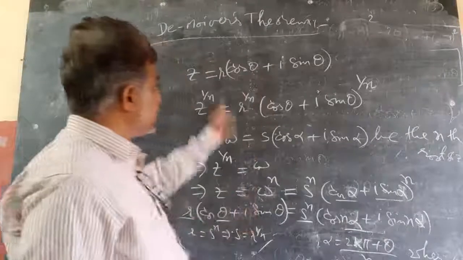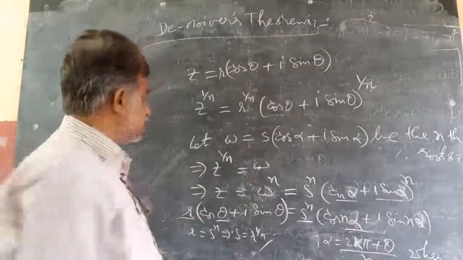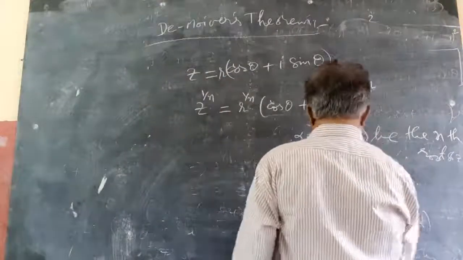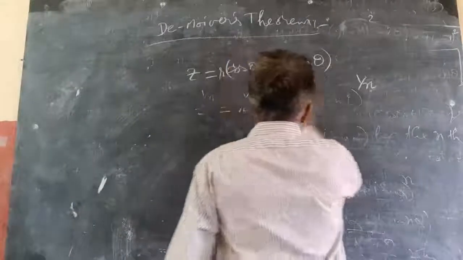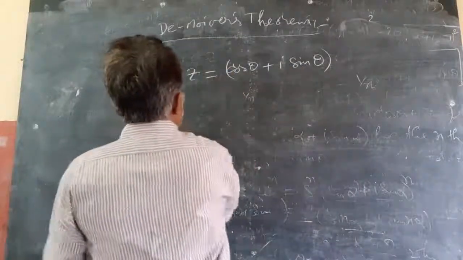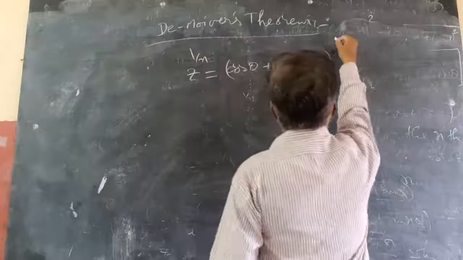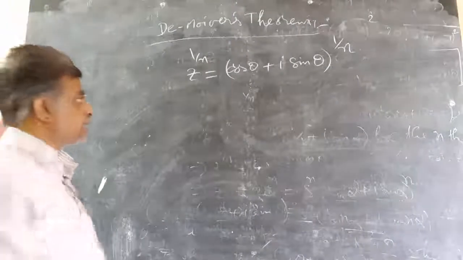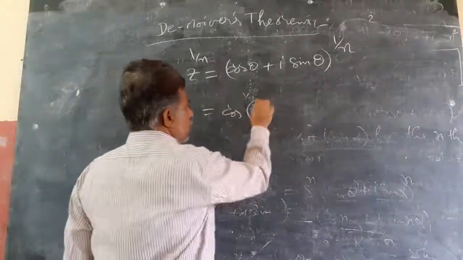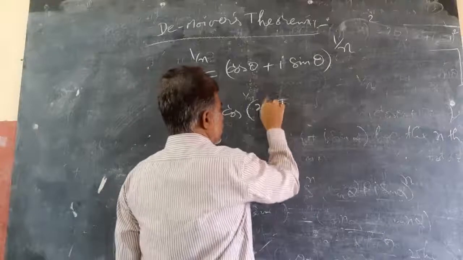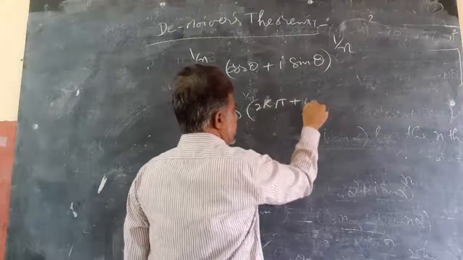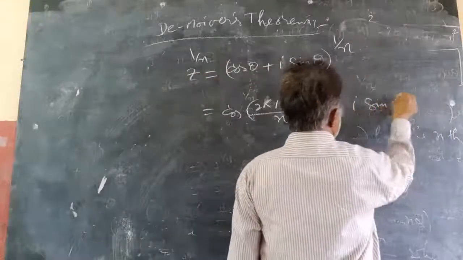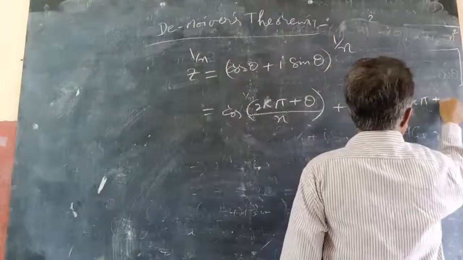So if it is in whole power 1 by n, your general solution is simply, I will write so that you can understand easily. Now z power 1 by n equal to cos theta plus i sin theta whole power n. I have taken modulus 1. Then this automatically becomes cos of 2k pi plus theta by n plus i sin of 2k pi plus theta by n.